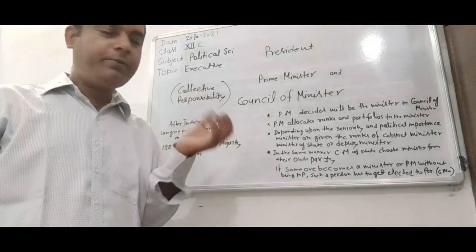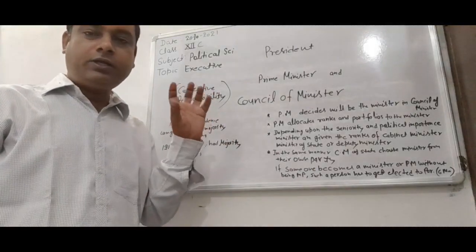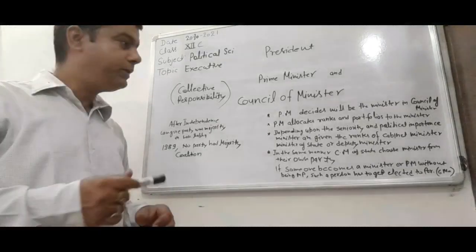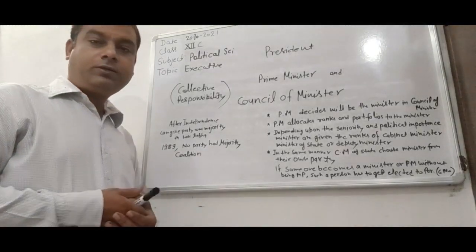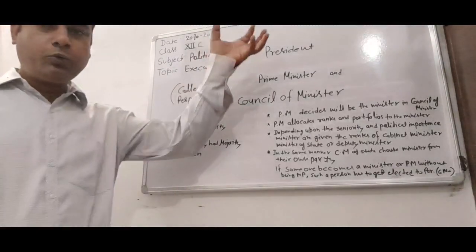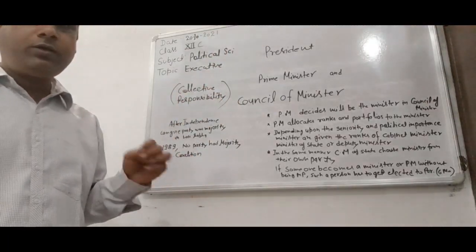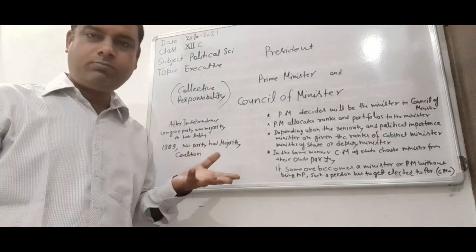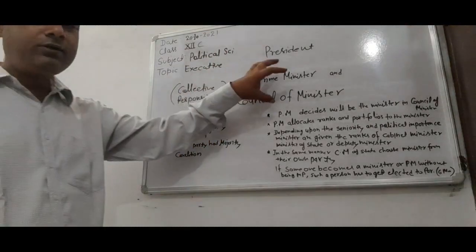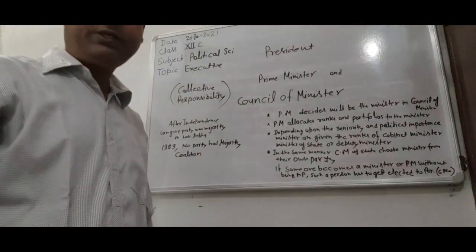At the same time, class, suppose a minister does not agree with the decision of the whole team, so he should resign or leave his post, because the whole team works on the principle of collective responsibility.